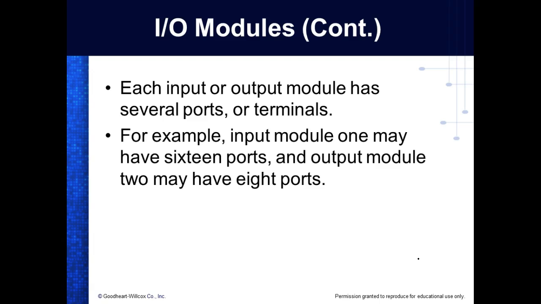We got one input module and one output, but they don't have to be. It's up to you on a modular PLC to decide how many inputs you want and how many outputs you want. Of course, the more inputs that you have, the more expensive the module will be, right?